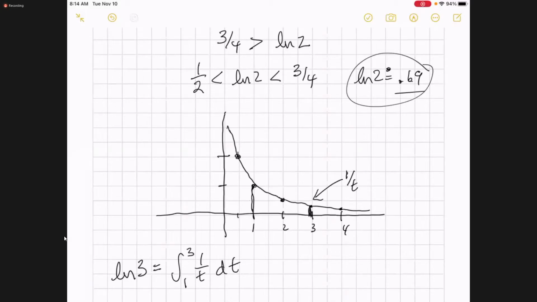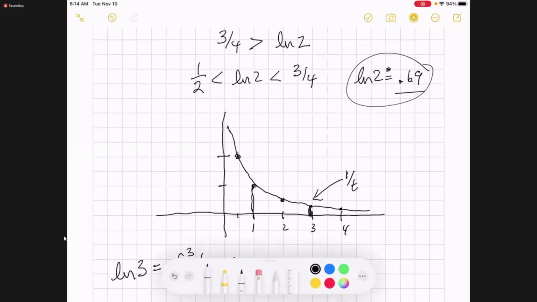Let me do this first. We just talked about the area of this region. That was ln of 2. Ln of 3, well, you're going to add some more stuff, right?